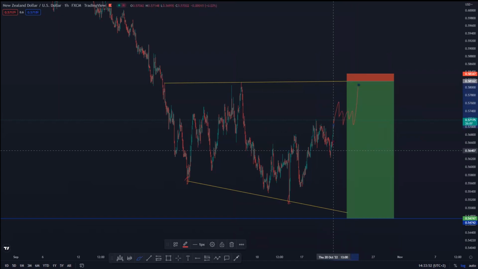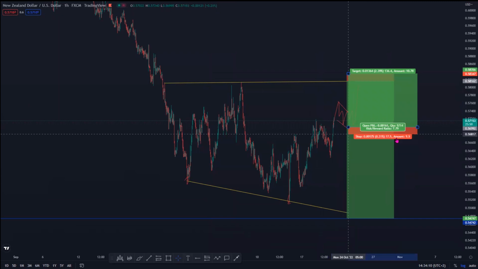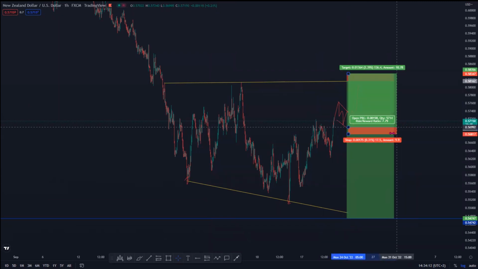So when you find the correction, you can take the buys on this trade until around here, so for now, yeah, I'm done, I'm out now.